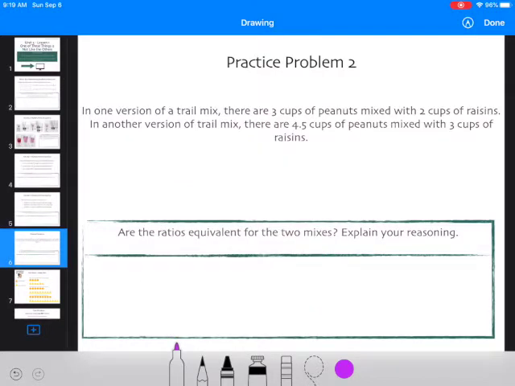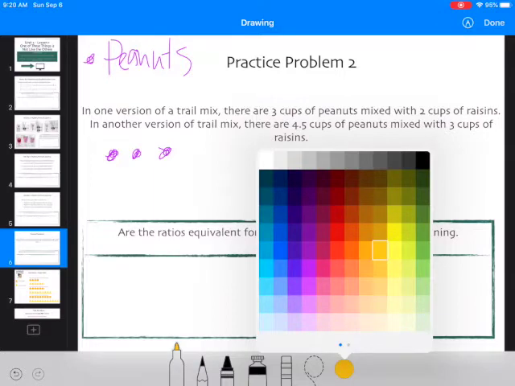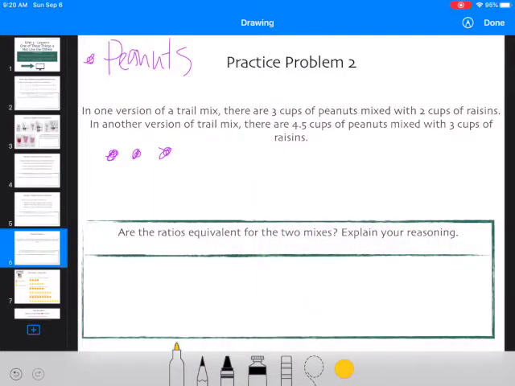Practice problem 2. In one version of trail mix, there are 3 cups of peanuts mixed with 2 cups of raisins. So I'm going to draw a picture of it. So 3 cups of peanuts. I'm going to make these my peanuts. I'm going to switch colors. And then I have 2 cups of raisins.